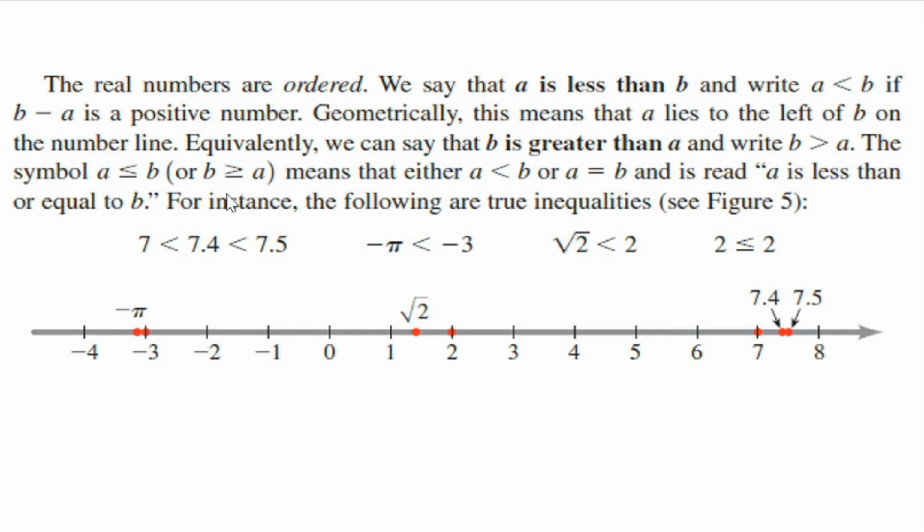Equivalently, we can say that B is greater than A. So we can write B is greater than A. The symbol for A is less than or equal to B, or B is greater than or equal to A. Take note, if we write A is less than or equal to B, or do the reverse with B written on the left side, it could be written as B is greater than or equal to A. It means that either A is less than B or A equals B, because there are two symbols here, greater than or less than.